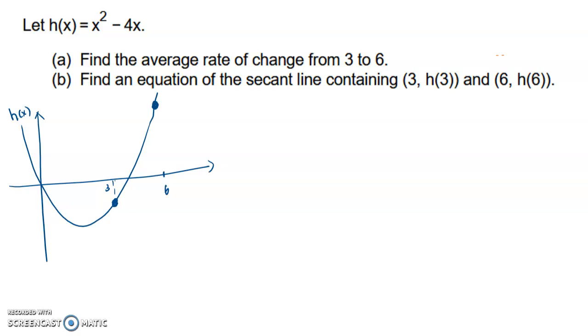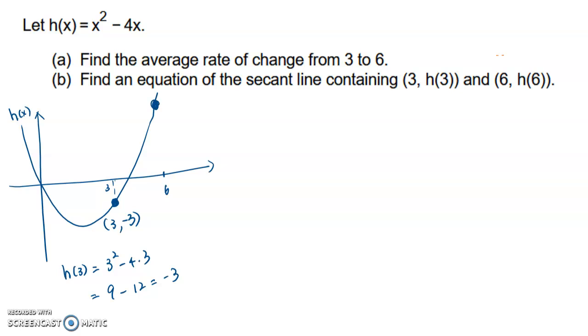Well, what is the y value? So we know the x value is 3, and the y value will be h of 3, right, which is 3 squared minus 4 times 3. That is 9 minus 12, which is negative 3. Okay, so 3, negative 3 is our first point.